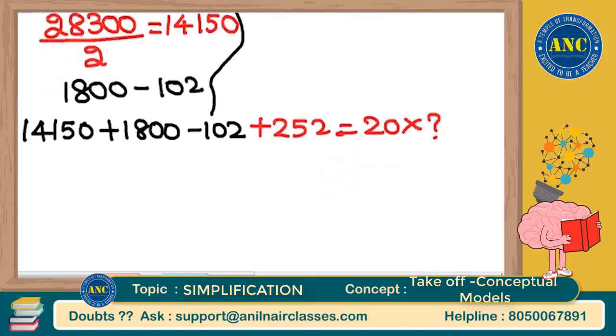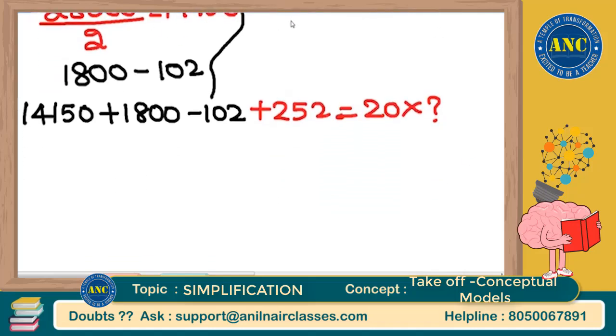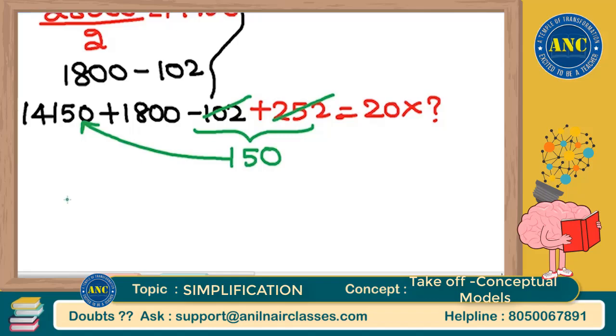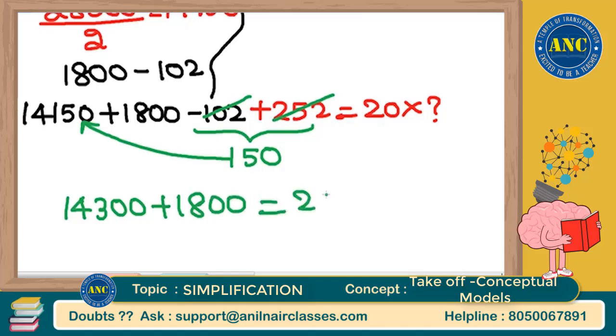Now again simplification. How to simplify this a little faster? 252, if I remove 102, I will be left with 150. This 150 I will give to this person. So this becomes 14,300 plus 1800 is equal to 20 times question mark.